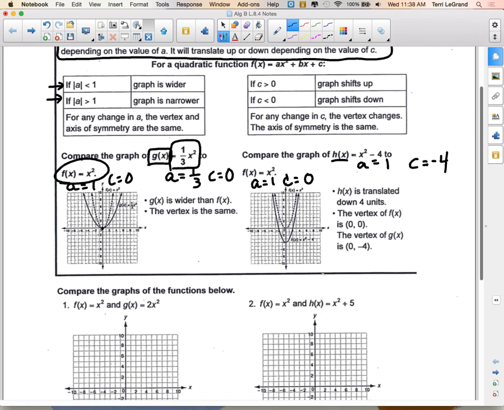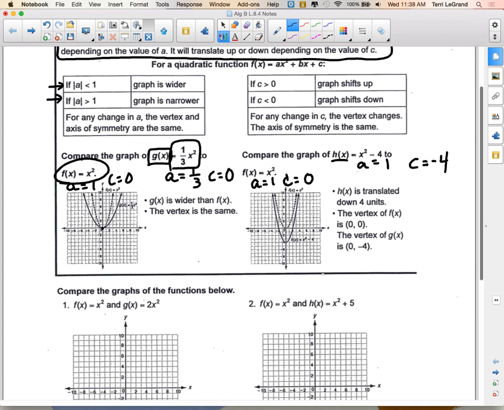When we talk about translation, we have to talk about direction. Did the vertex move up or down? It moved from 0 to -4, so it moved down 4 units. The vertex of both of them helps us decide that.